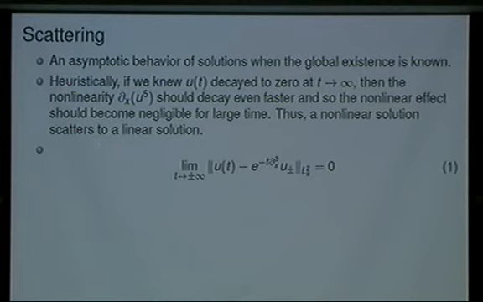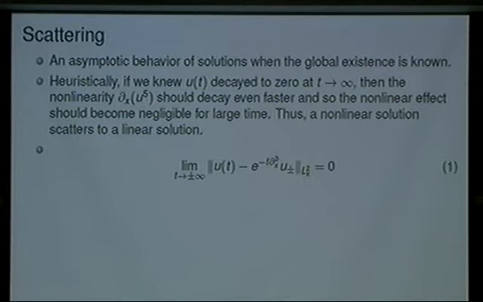It is a kind of asymptotic behavior, but in order to consider the asymptotic behavior, we're supposed to have a global solution, right? When you have a global solution, heuristically we can think that when the infinity norm of the linear solution u decays to 0, then u to the 5 goes to 0 even faster.